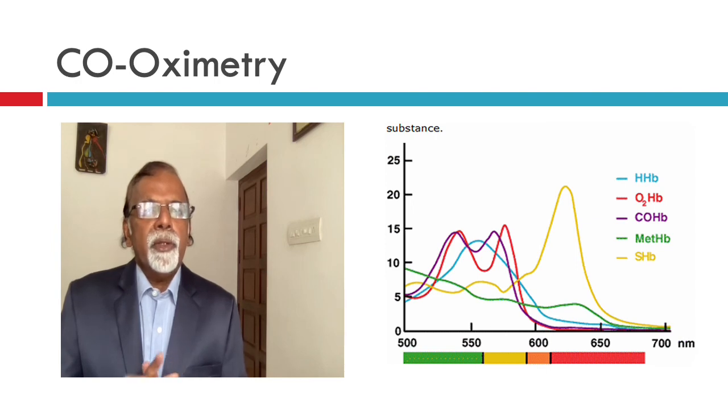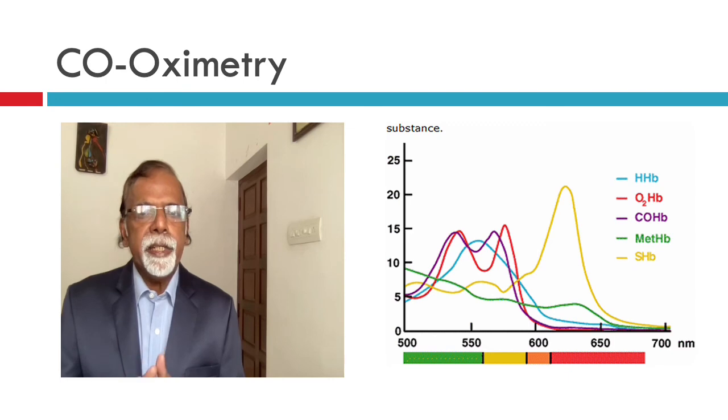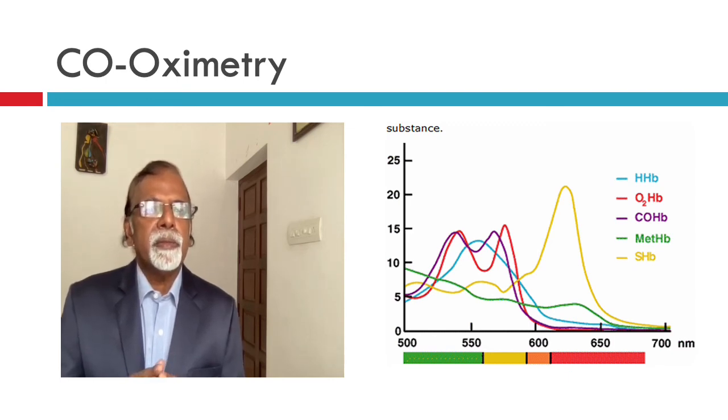We have already mentioned CO-oximetry. When the SpO2 is indeterminate and you are suspecting abnormal hemoglobins, CO-oximetry is used.